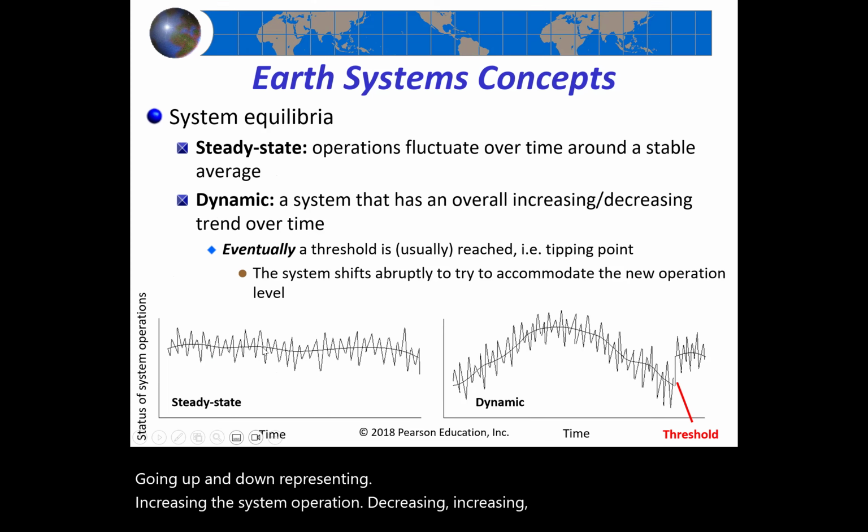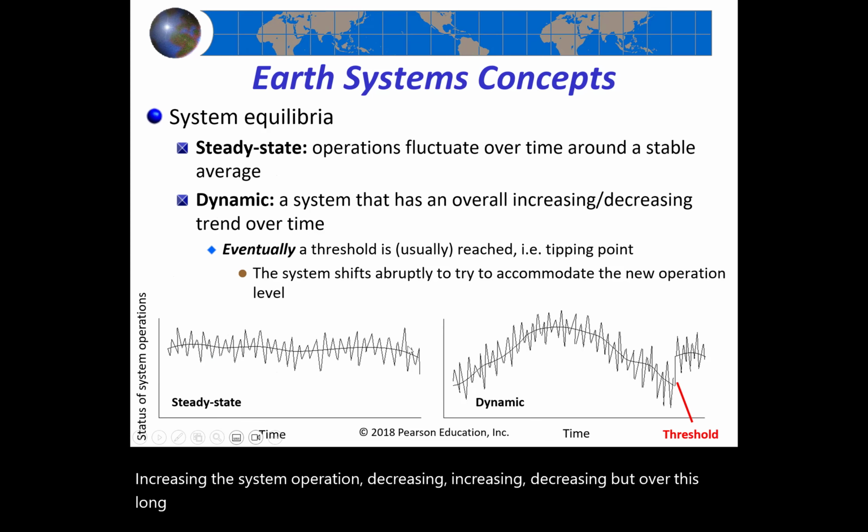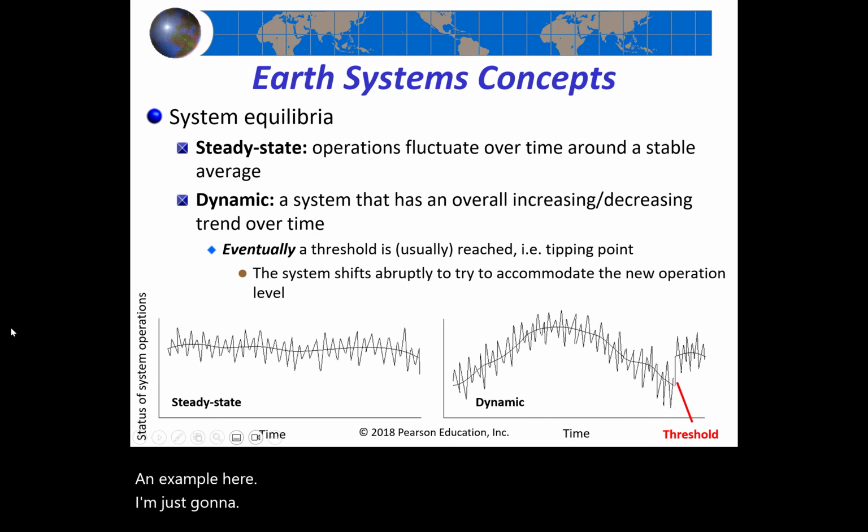But over this long time period, there's not a lot of change. And so, an example here, this is a slightly problematic example, but just maybe over the course of a year.